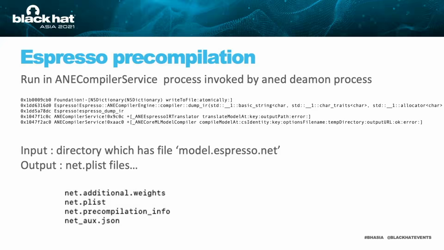Before the actual compilation of ANE, the neural network description file in the ML model C folder will be pre-compiled into the plist format. A series of pre-compiled files are also listed in the slide.